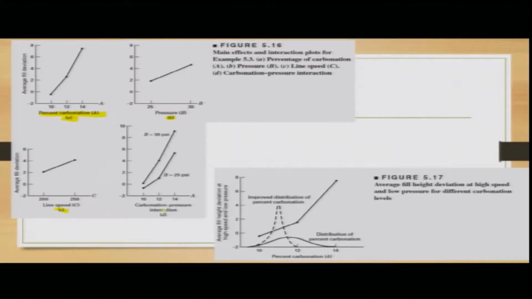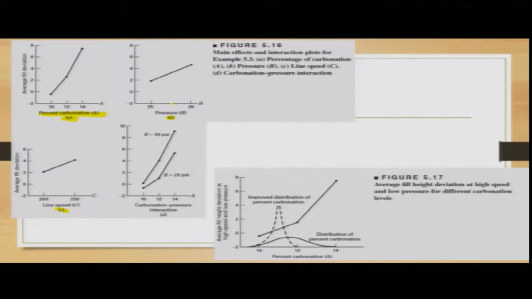When I consider the combinations of carbonation and pressure, which is factor B, at two different pressure levels, 25 psi, pounds per square inch, and the other being 30 psi, the values you get would give you an answer.